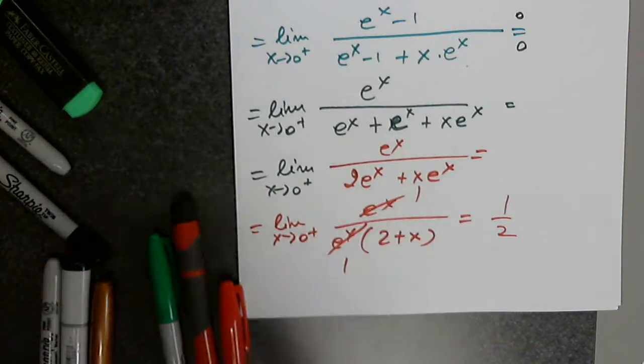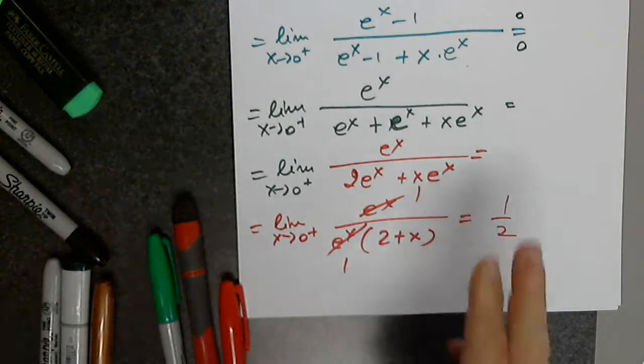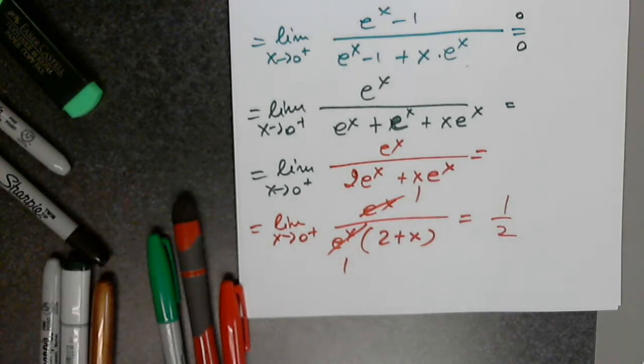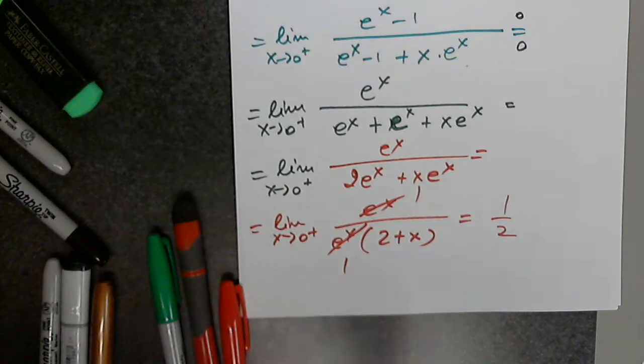Yes, Ian, go ahead. I wrote them a little fuzzy. I was just wanting you to say factor out e to the x to get rid of it. Yes, Ian. You don't continue to differentiate, because I can differentiate only if I have 0 over 0 or infinity over infinity.